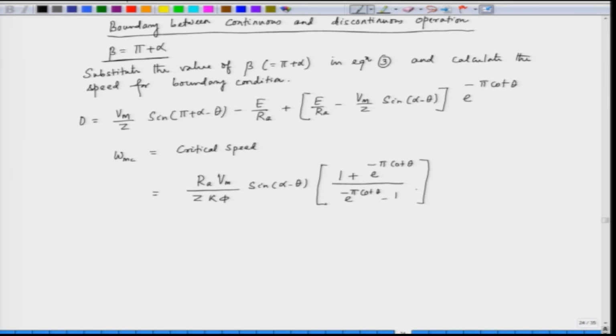This is the value of the critical speed. It means, if the speed is above the critical speed, the operation is discontinuous. If the value of the speed is less than this critical speed, the operation is continuous.